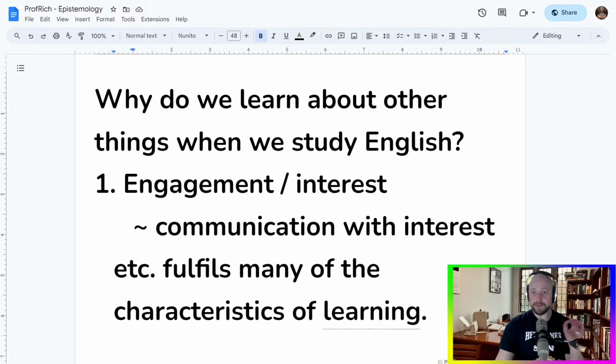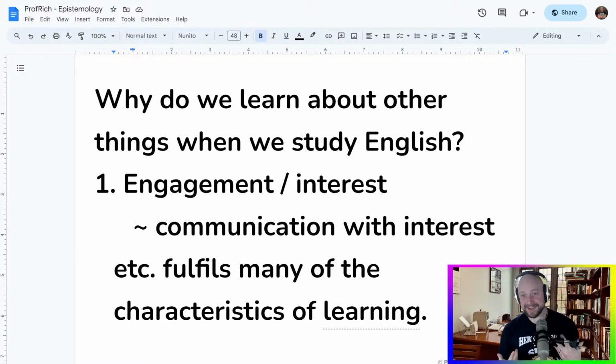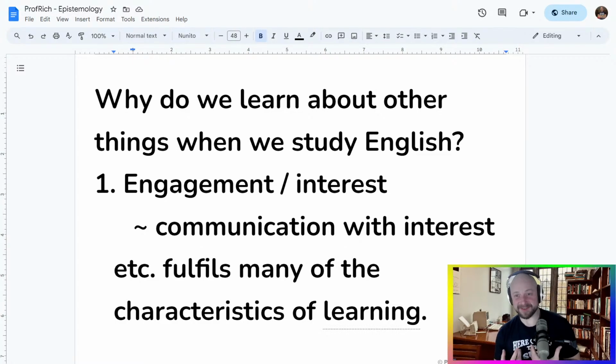And when we communicate and you understand and you are interested, then those characteristics happen, which means if we communicate effectively, you learn. Therefore, if we want to learn English, all we need to do is to communicate effectively, right?